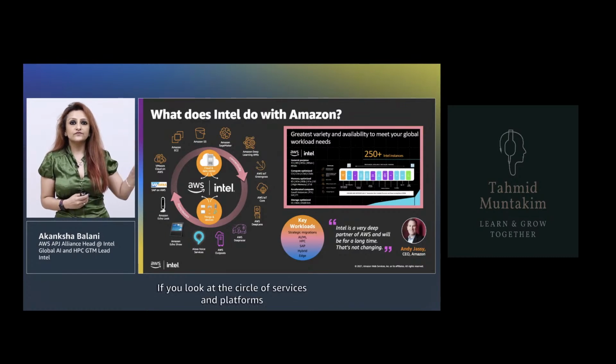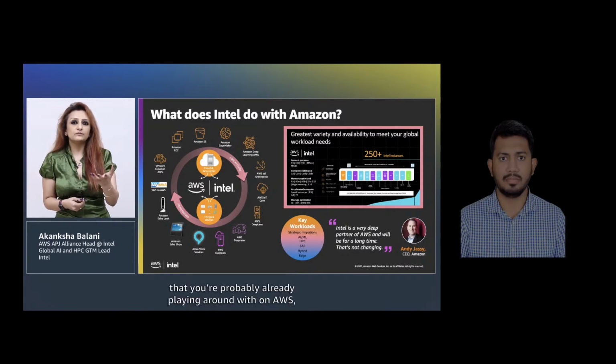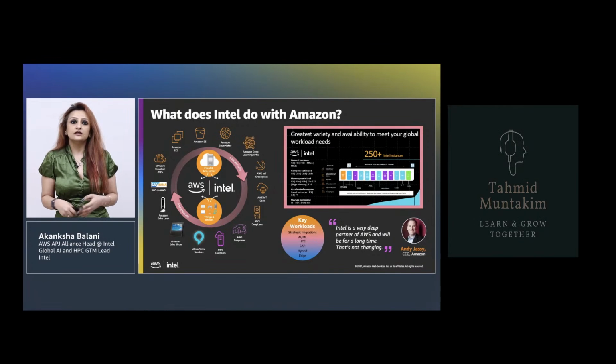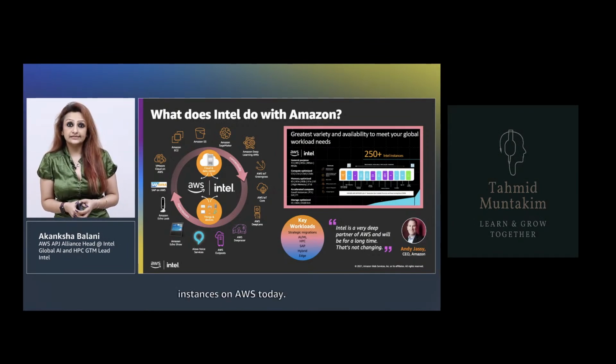If you look at the circle of services and platforms that you probably are already playing around with on AWS, whether it's the EC2 compute or the storage on S3, or the various migrations that you're driving on your databases, whether it's Windows or SAP HANA or SQL Server or Oracle, all of those have the capabilities of being powered by Intel instances on AWS today.